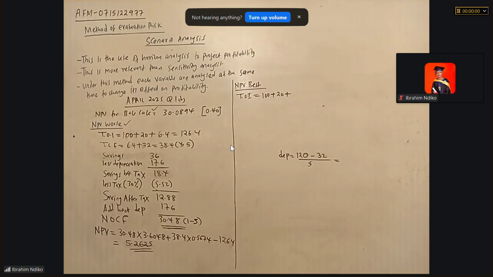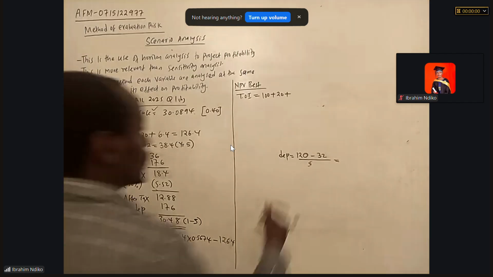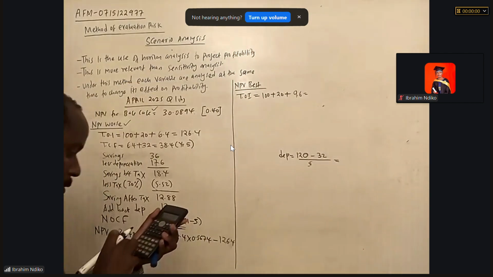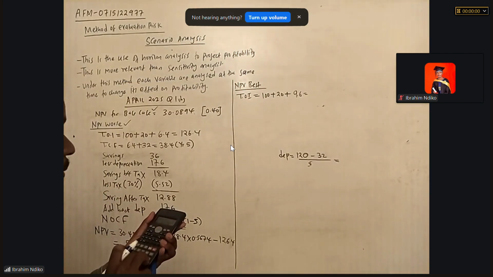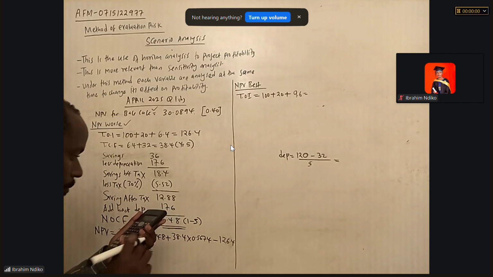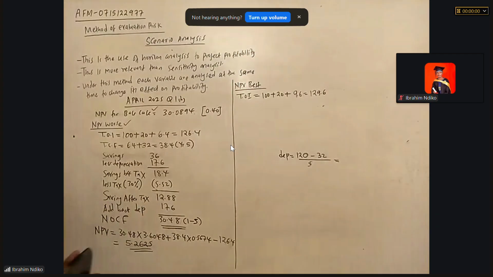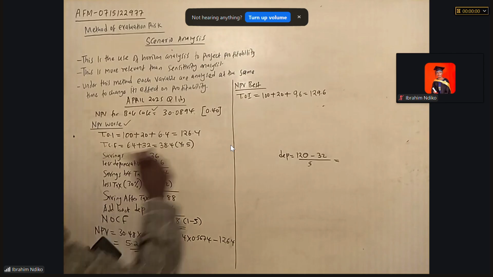For the best, what is our working capital? The working capital is 9.6. So 100 plus 20 plus 9.6.